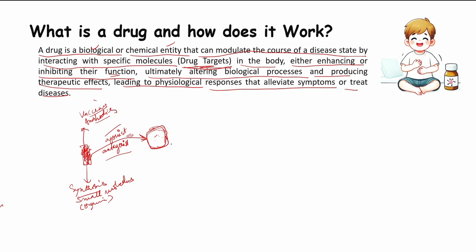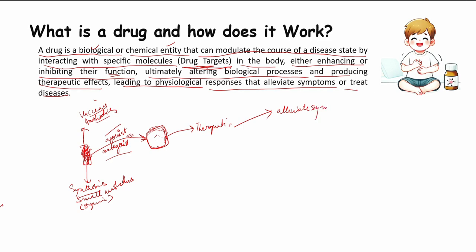So we have the drug molecule that binds or interacts with the drug target. It undergoes some changes when the drug binds to the drug target. When it enhances the function, the drug molecule is called the agonist.